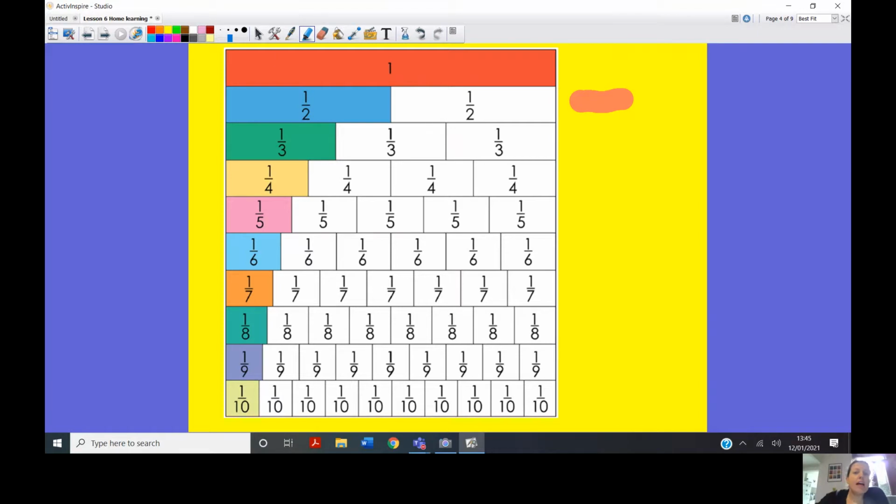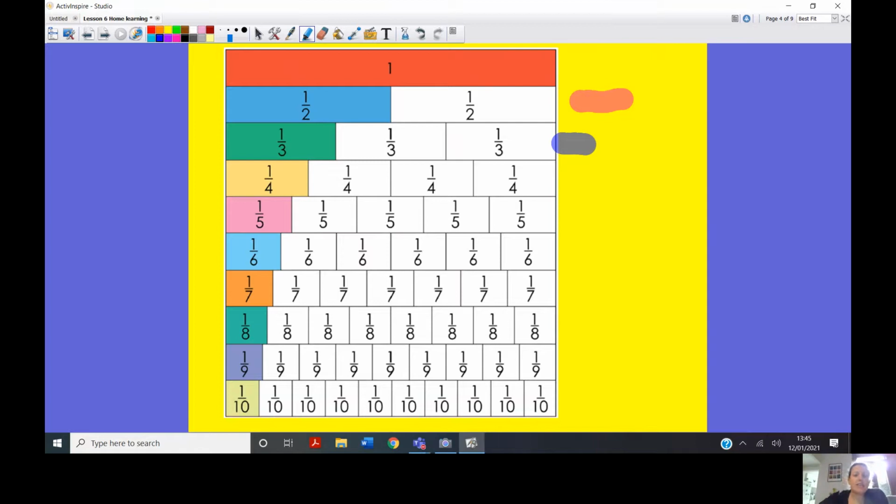So this shape has been divided into 2 equal parts, so 2 is our denominator here. Then if we go down 1 level to our thirds, you can see it is divided into 3 equal parts, because our denominator is 3, the fraction is a third.